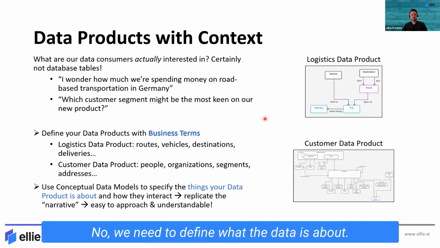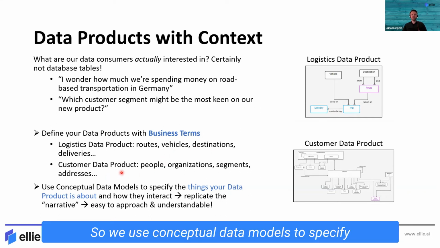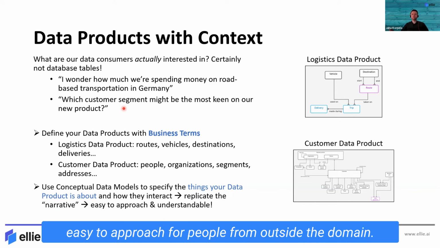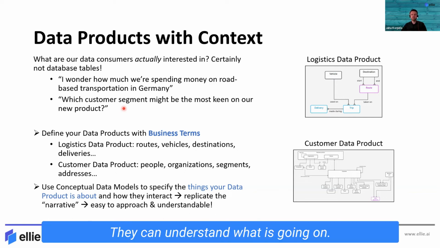No, we need to define what the data is about. So we use conceptual data models to specify the things that the data product is about, how they interact, how they are linked. So we replicate the narrative part that people are actually interested in. And this makes the data products easy to approach for people from outside the domain. They can understand what is going on.